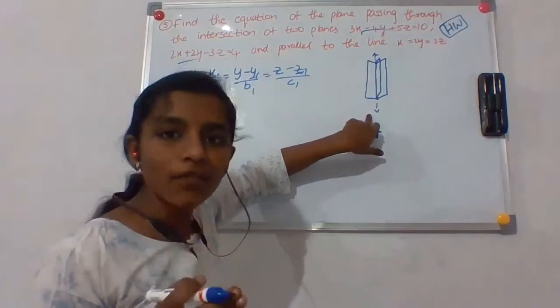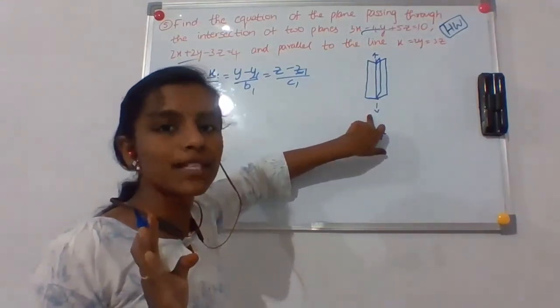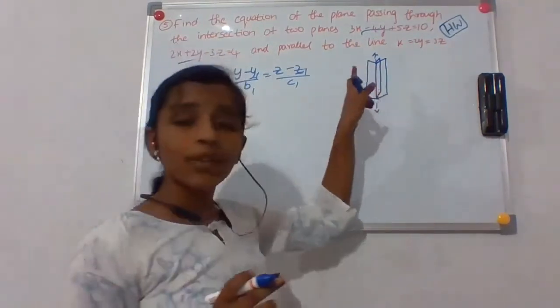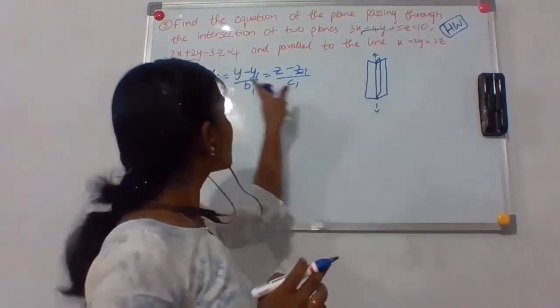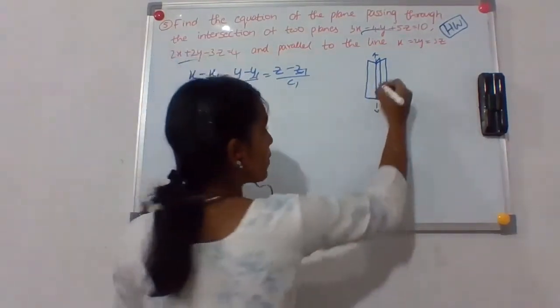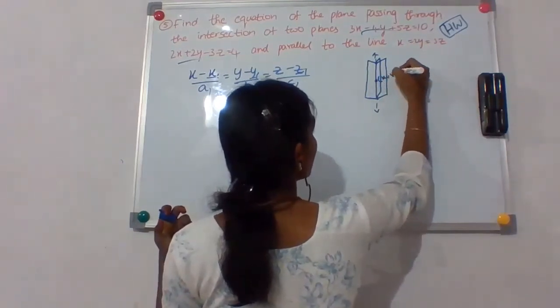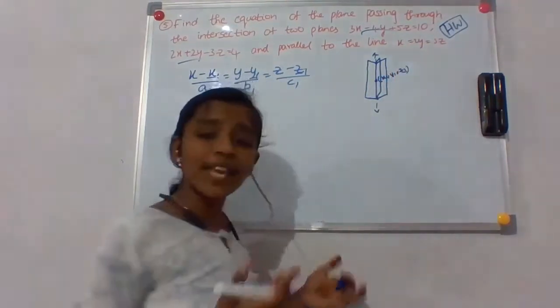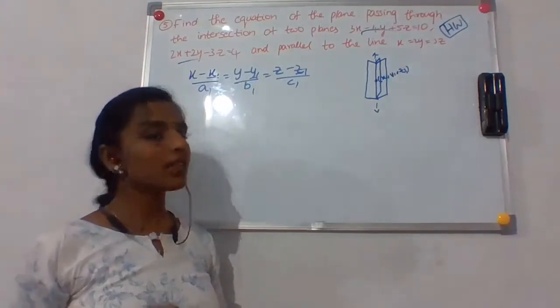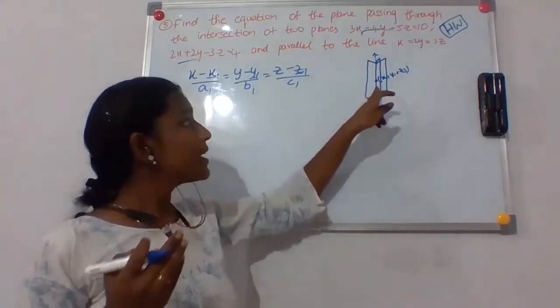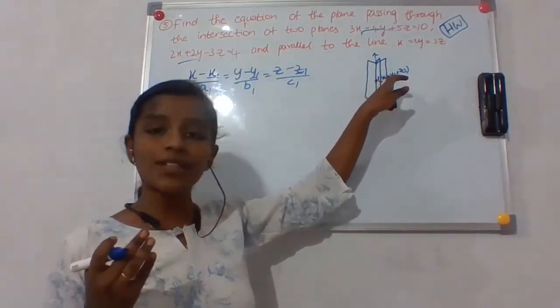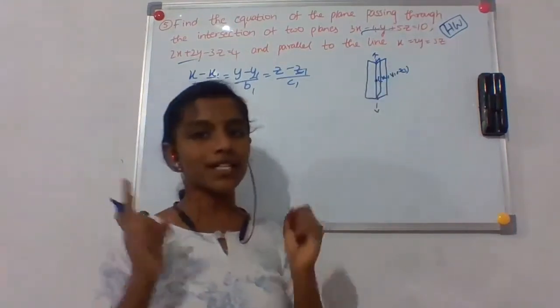Through the line of intersection the required plane is passing. Then this point also lies on the plane, right? If this point x1, y1, z1 is on the line, and through the same line the plane is also passing, then definitely this point also exists on the plane.